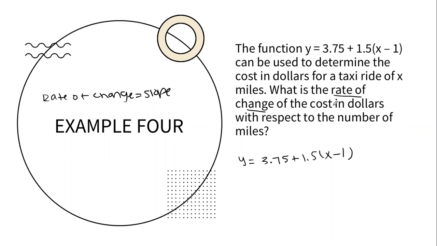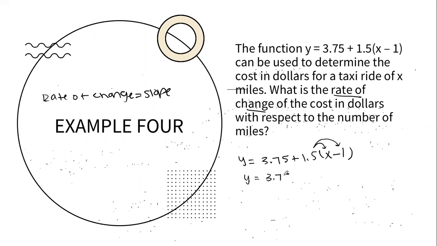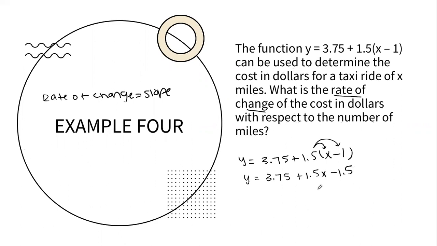So is it 1.5x? Yeah, the answer is 1.5. And I know that because 1.5 would be multiplied to x, telling me that's my slope. And if I need to, I can go ahead and just simplify this, right? To 3.75 plus 1.5x minus 1.5.